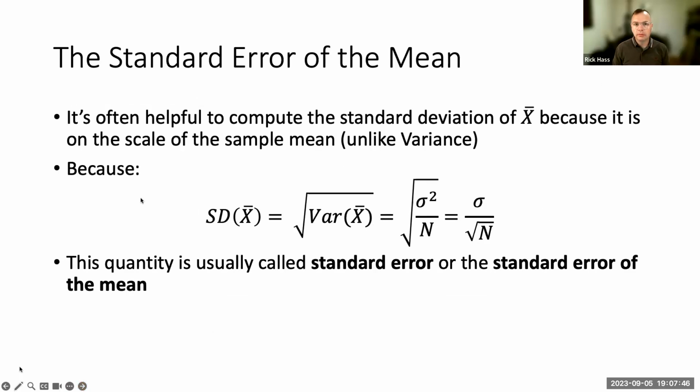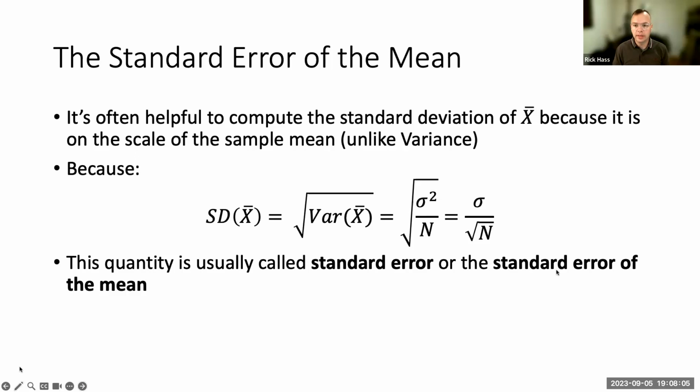As with the standard deviation or variance of scores in our sample, we often do the same thing with variance in sampling distributions. We give it a very special name when we take the standard deviation of the sampling distribution. We call it the standard error.